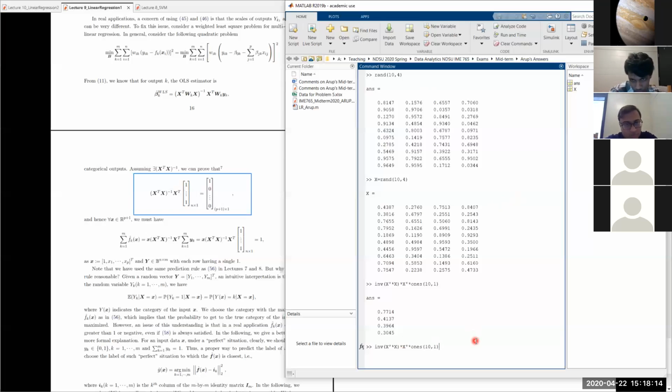Times X prime, inverse of this. Let me see that. 1, 2, 3, 4. Can you find any mistakes? That's really interesting.